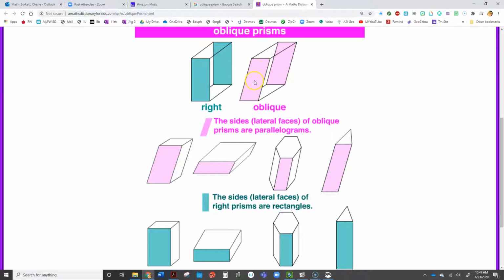These are leaning sideways, so they are parallelograms. So oblique is when the prism is leaning. If it's not sitting perpendicular, the sides and the bases are not perpendicular. These are all right prisms down here, and the pinks are the ones that are oblique.